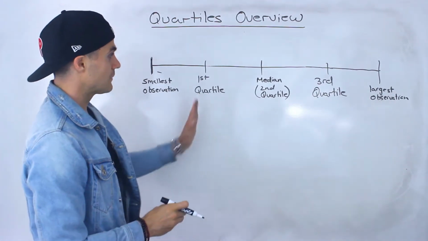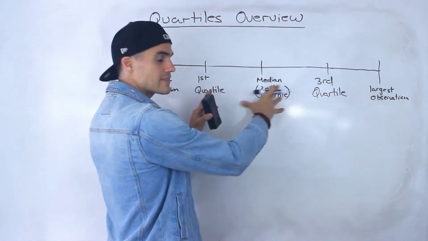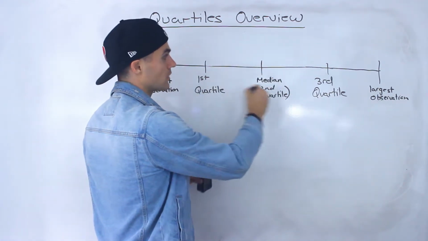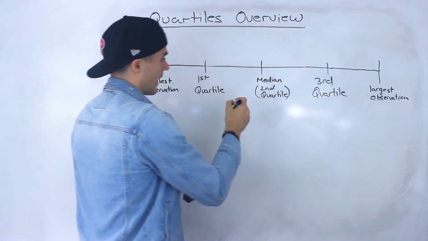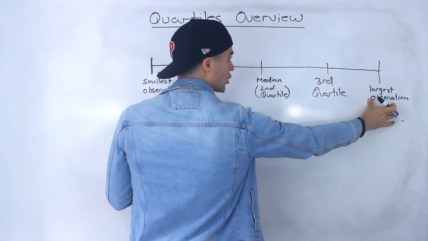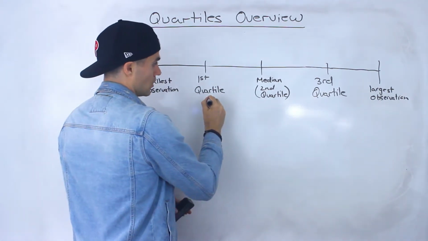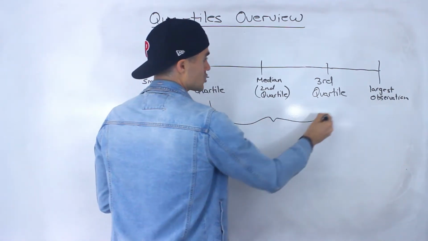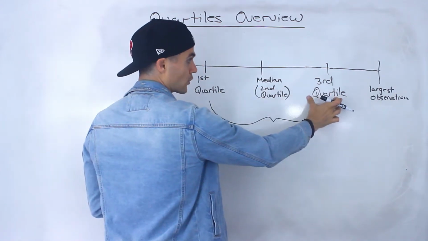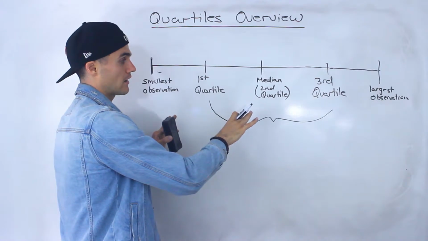And so splitting up the data like this allows us to look at the bulk of the data, which is going to be around here. So instead of calculating the range between the largest and the smallest observation, we calculate the range between the first quartile and the third quartile, between those measures that are going to be more resistant to the outliers.